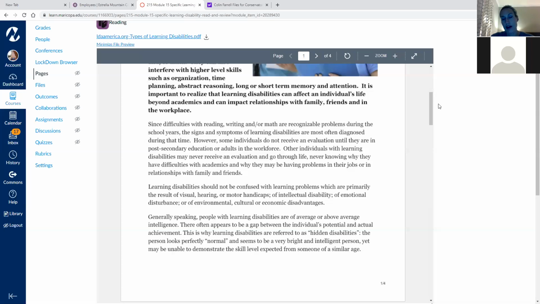Typically, you need to have a cognitive test. So you need some kind of IQ test that looks at cognitive functioning, as well as an academic standardized test. So looking at the differences between their cognitive and their academics, there has to be a significant discrepancy between the two to get a learning disability category.